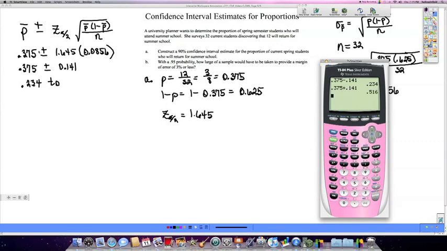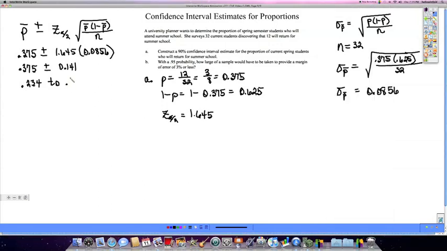And we have our interval. So the answer for A is 0.234 to 0.516.